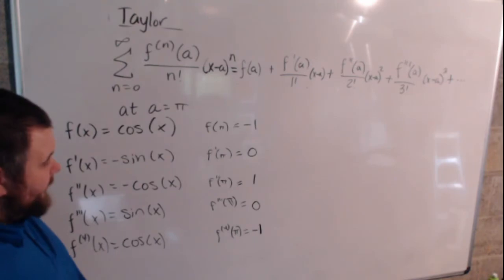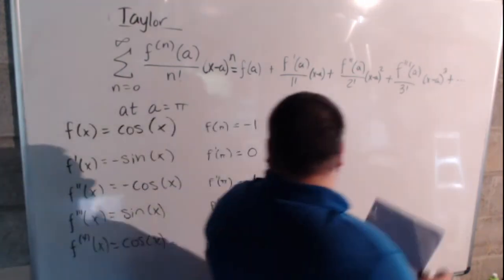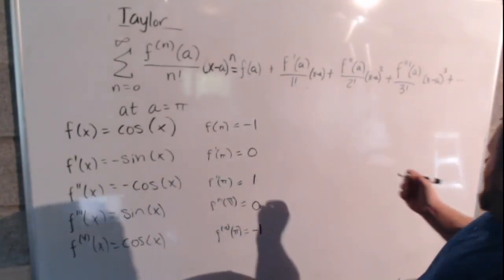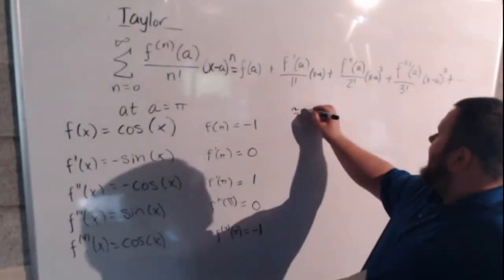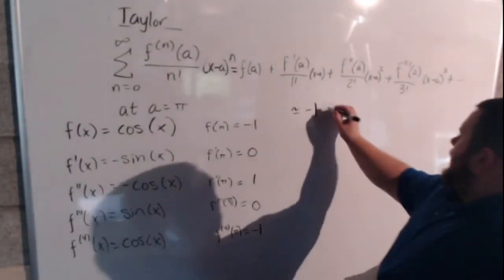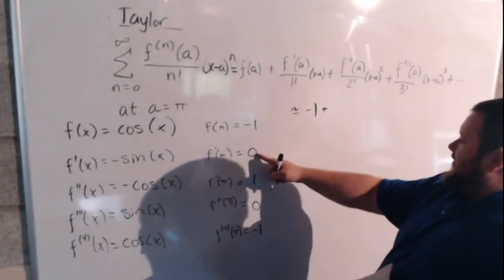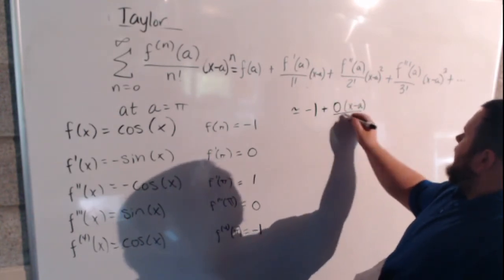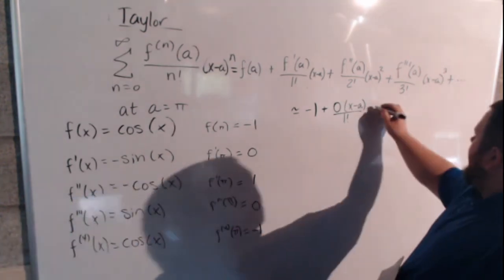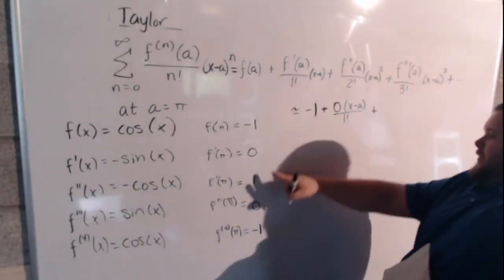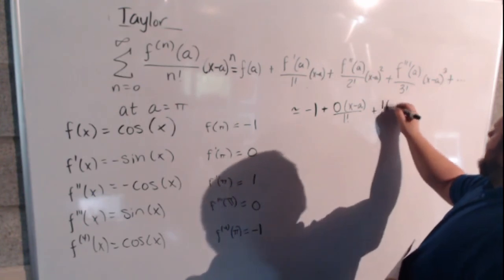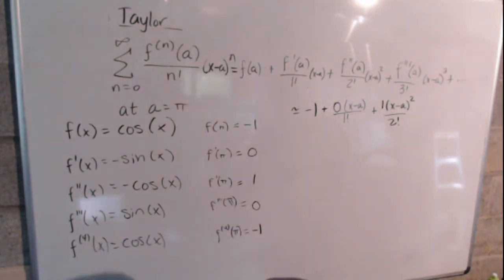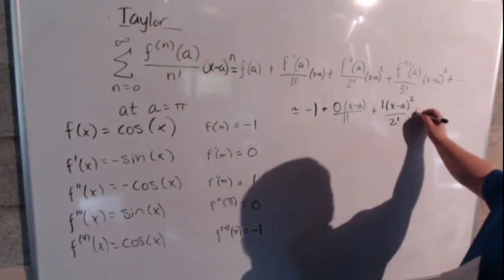Again, let's write out all of the terms and then simplify. So I need the function evaluated at a. Well, that's -1 plus the first derivative, that's 0, times x minus a over 1 factorial. Second derivative is 1 times x minus a squared over 2 factorial. Third derivative gives me 0.